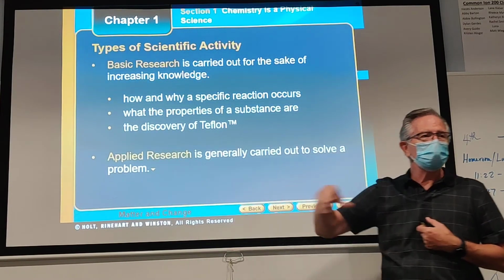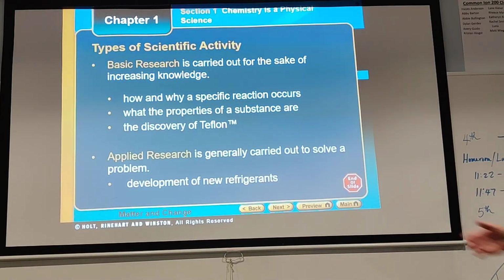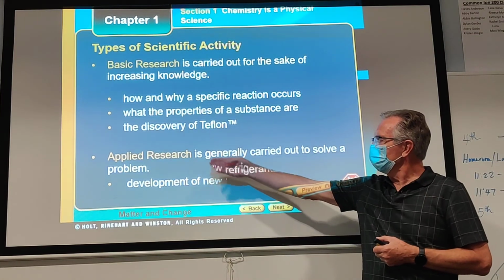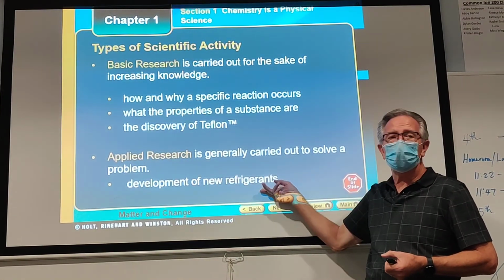So applied research took what he had discovered about microwaves and figured out a way they could actually put a microwave on the spaceships to be able to heat their food while they're out in space. So that would be applied research. Okay, your development, they developed like a microwave to cook food, or developing new refrigerants.